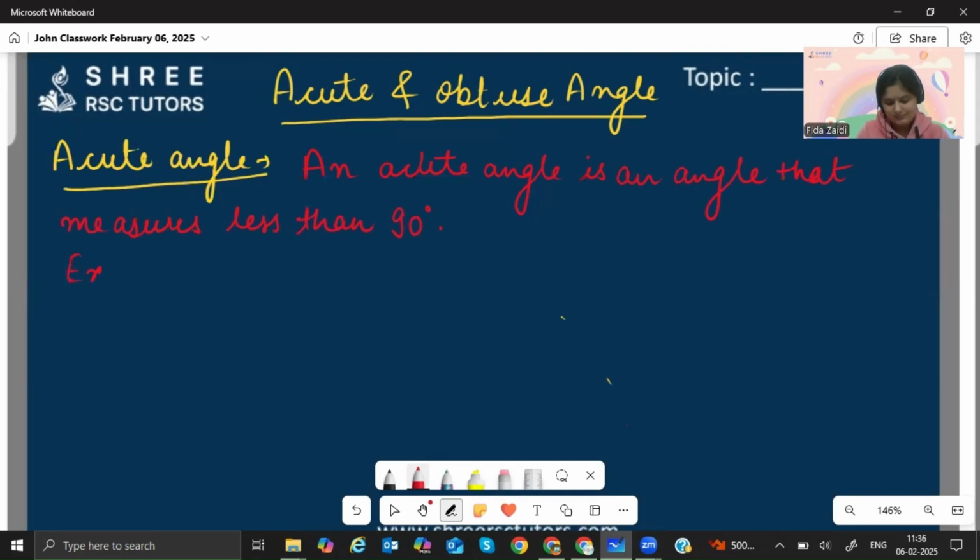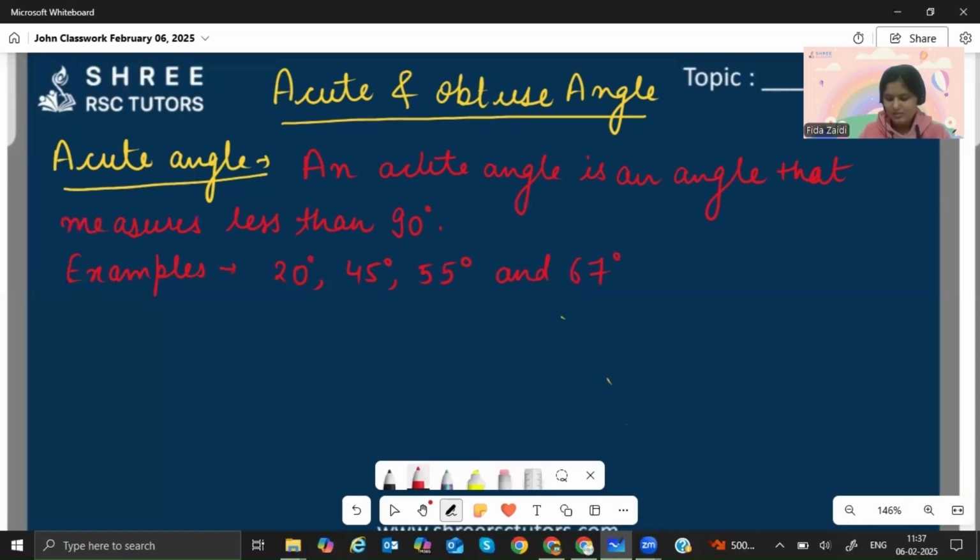Examples: 20 degrees, 45 degrees, 55 degrees, 67 degrees and so on. These angles are all less than 90 degrees, so we can say that these angles are acute angles.